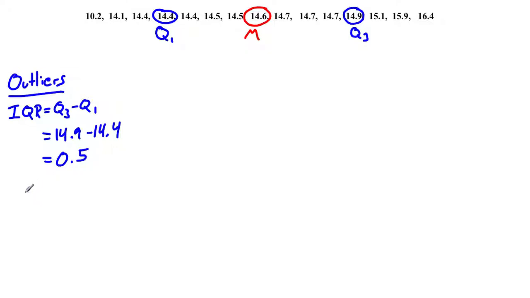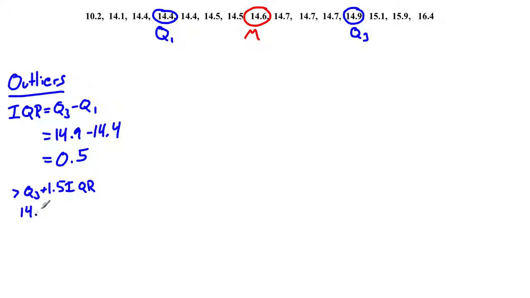So if I want to find outliers, it's going to be greater than Q3 plus 1.5 times the interquartile range. Well, if I do 0.5, which is the interquartile range, times 1.5, that's going to give me 0.75.